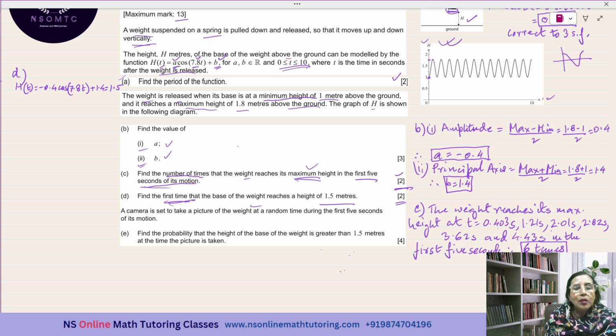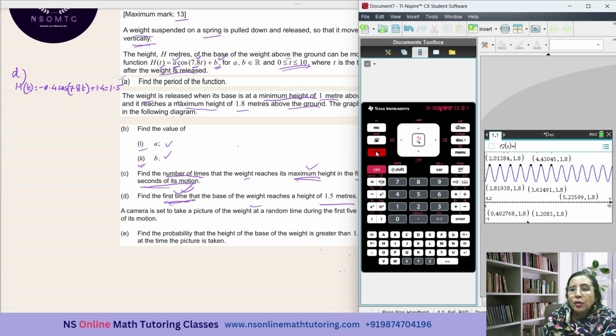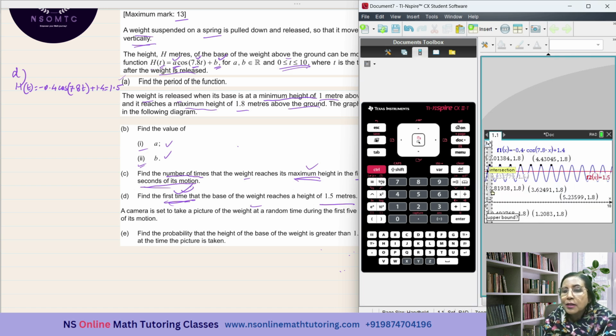There will be multiple values. We have to get the first value. So now I can come to this calculator and draw a horizontal line, 1.5, enter, and I need the first time. So it is analyze graph, intersection. This is the first time. Can you read the values?